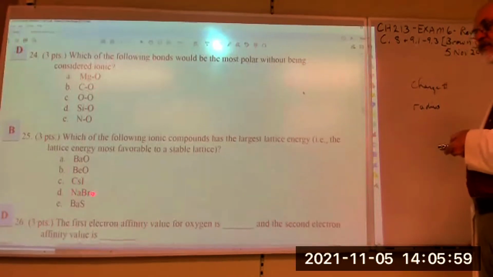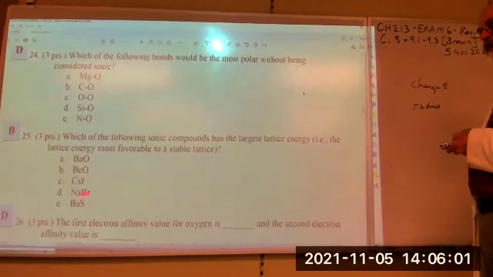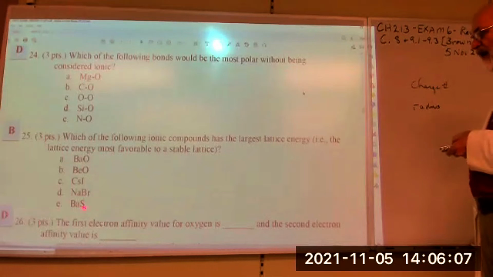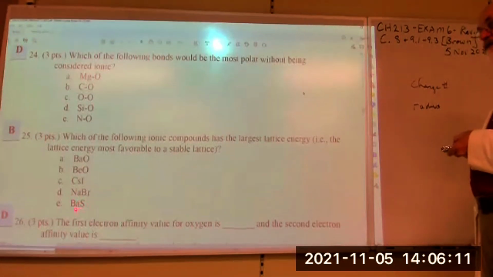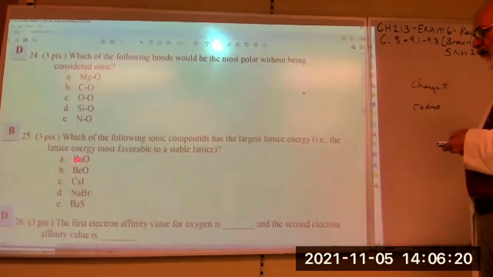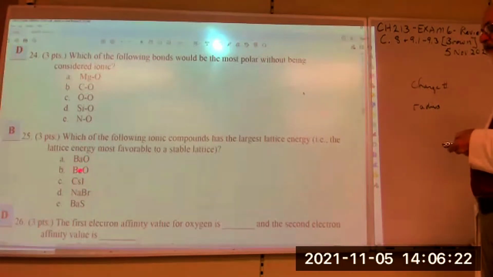Sodium, +1, -1, but bromine's pretty big. And barium and sulfur are +2 and -2, but they're big too. Barium is huge. Sulfur's pretty big as a negative ion. So we throw that one out, throw that one out. It's easy, might throw that one out. So it's really a toss-up between these two, barium and beryllium.